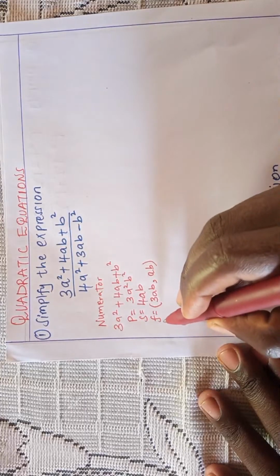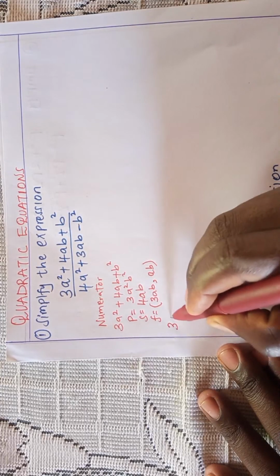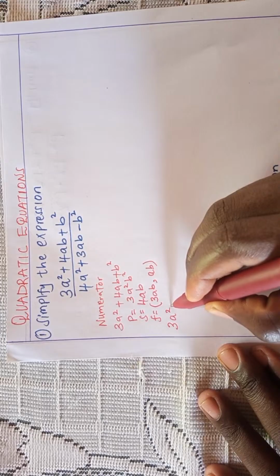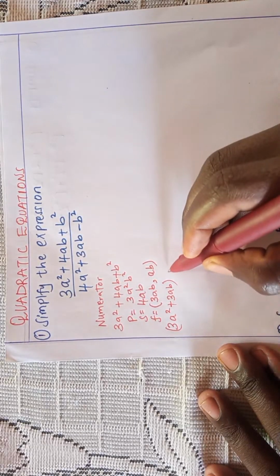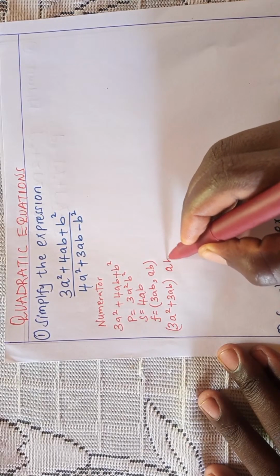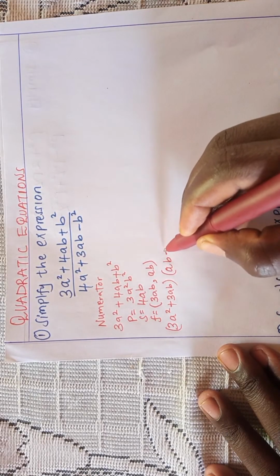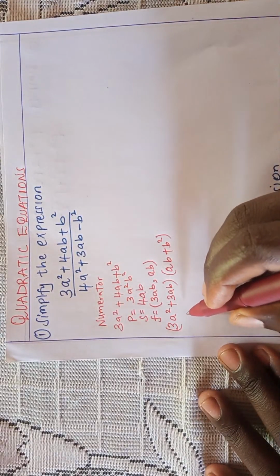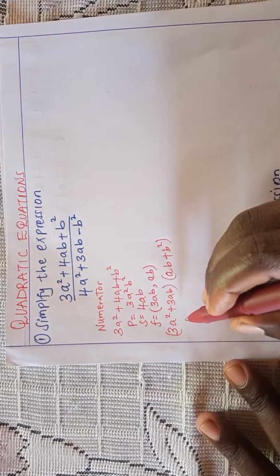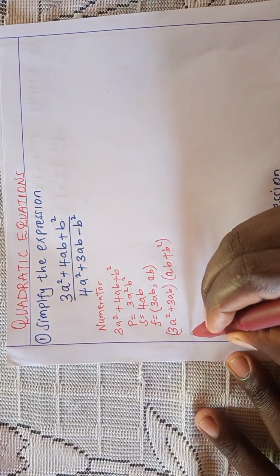Let us proceed. We have 3a squared plus 3ab, using one of the factors, and then we use the second one, ab, plus b squared. In the first bracket, the common factor is 3a.